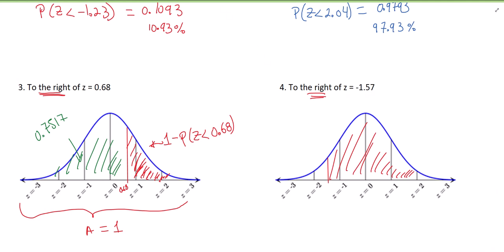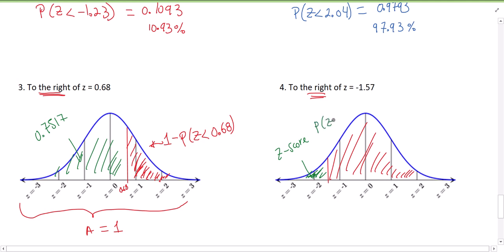So again, the z-score, when I look it up, gives me the area to the left. So when I look up the z-score on the table, it's giving me the probability that z is less than, in this case, negative 1.57. So that means that the area to the right is going to be, again, 1 minus the probability that z is less than negative 1.57.